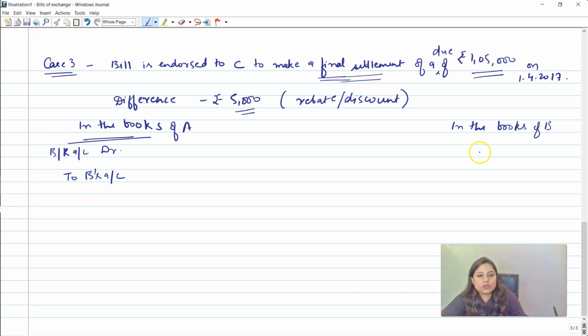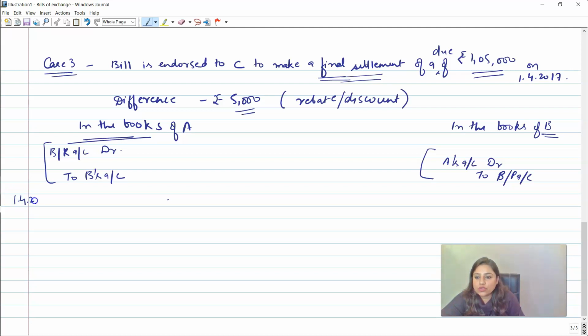Likewise here also, in the books of B, that is in the books of drawee, A's account is going to be debited to bills payable account, and the same entry has to be passed in case 2 also, although we did not mention it there. And then we come to the final settlement of how such bill is further endorsed. So these would be the initial entries, and further, once the bill is endorsed to C, what would be the next entry?